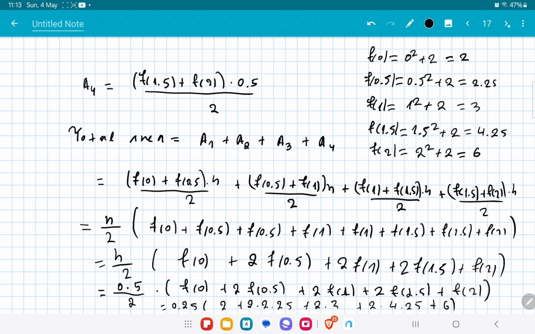This is 27 times 0.25. That's 6.75. Which is close to the value that we have calculated before. Of course, there is some error there with the trapezium because you are overestimating, but you see how it works here.